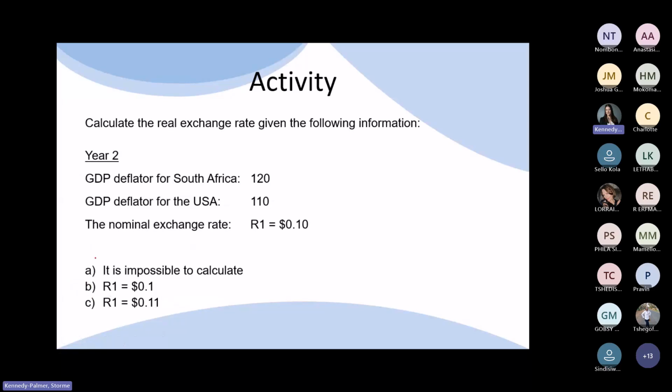Now we're given different figures for year 2, and we're asked to calculate the real exchange rate. The nominal exchange rate has remained unchanged, but the GDP deflator in South Africa is higher, meaning that prices have been rising at a quicker rate in South Africa than they have in the USA, which was 110 for year 1. So for some reason, they had no inflation that year.